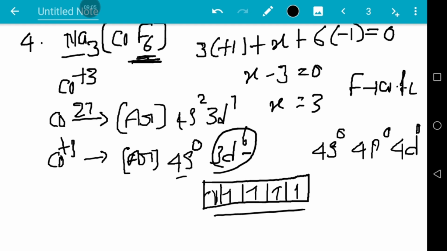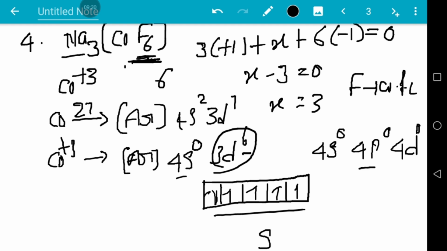So it is a coordination number 6, so we need totally 6 empty orbitals. Why? Because the ligand is donating a lone pair, so the central metal has to get vacant orbitals. It needs 6 vacant orbitals for 6 lone pairs from the 6 ligands.